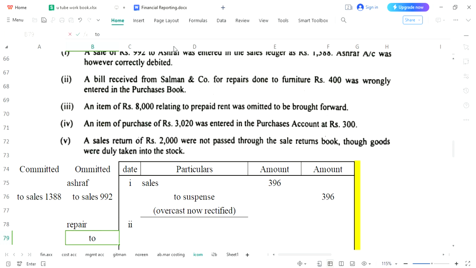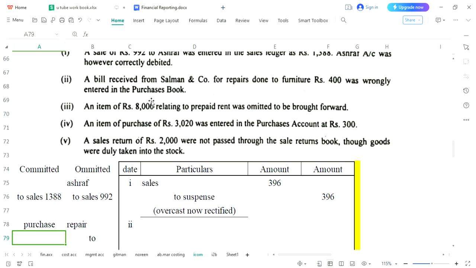And now let's see what mistake they have done. It was wrongly entered in purchase. So actually we were supposed to write repair. Instead of repair, they have posted purchase. This was the mistake. So here we are going to correct.